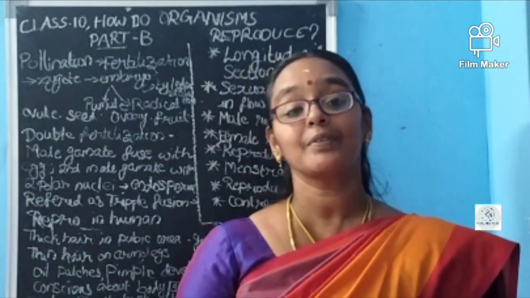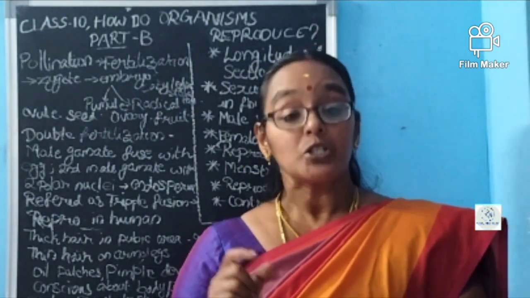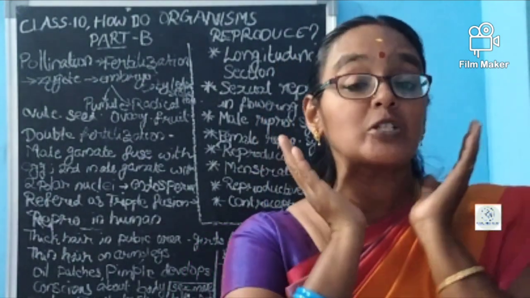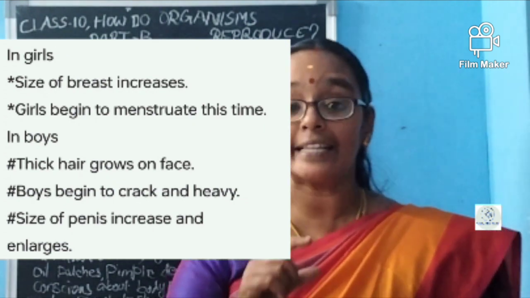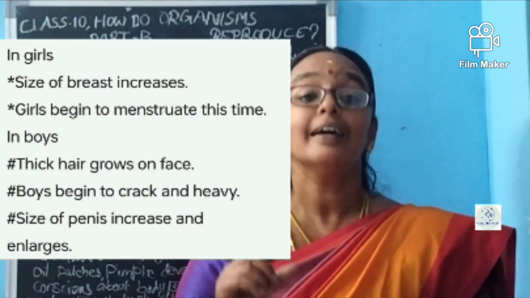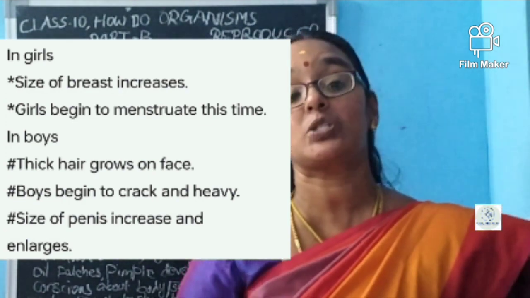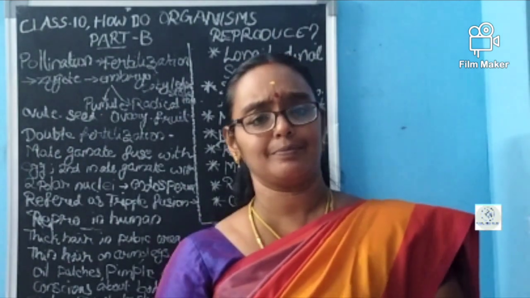For boys, the penis gets enlarged, much more hair will grow on their faces, and their voice will crack and change. These are the quick changes which can be seen in girls and boys.